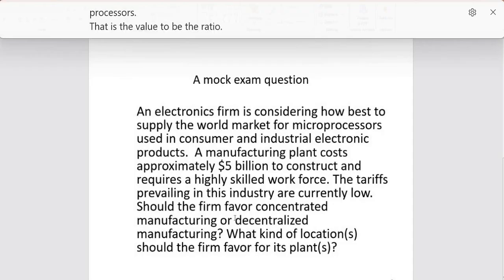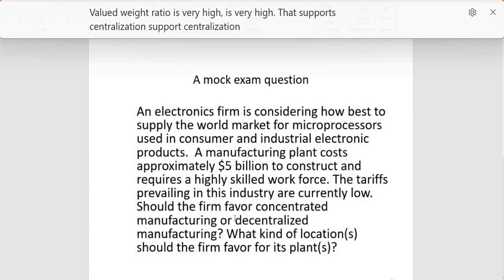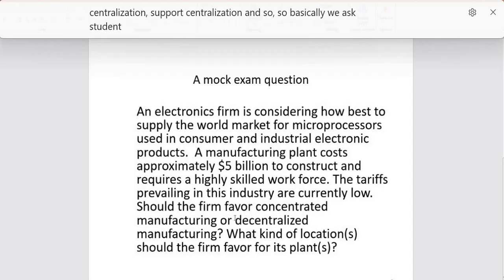Value to weight ratio is very high, and that supports centralization. So basically, we ask students to give a correct answer, then justify it, 1, 2, 3.